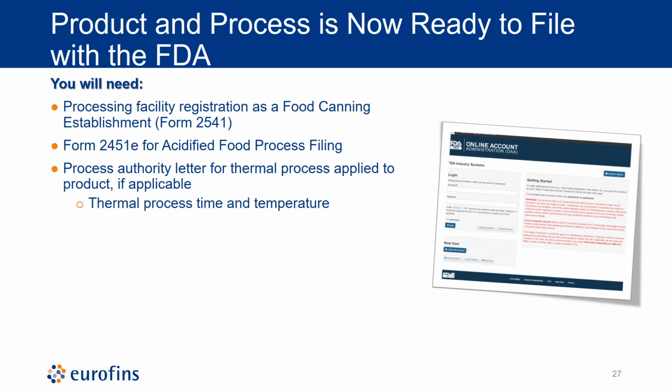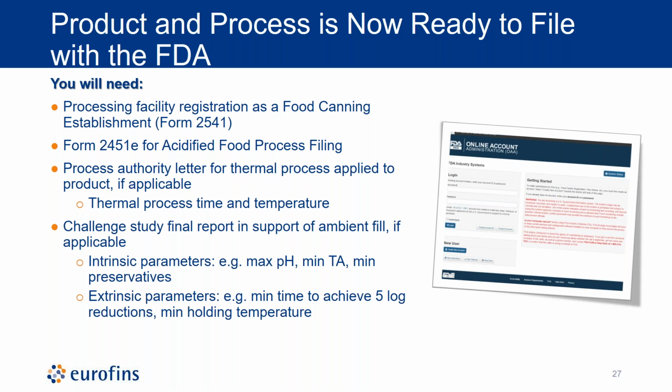You'll need your process authority letter, which relates to your thermal process if it's applicable. And you need to make sure that the letter describes the thermal process time and temperature. And if it's an ambient filled product, you'll need to have a challenge study final report, which clearly states the intrinsic parameters.